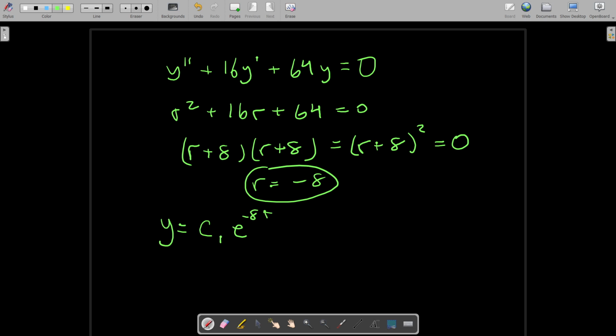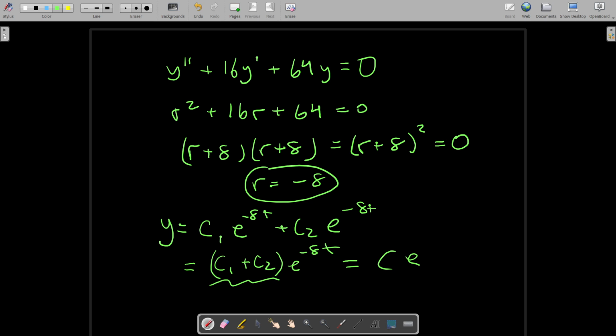We have our first part of the solution, but for the second part, if we try to use the same root, this doesn't make sense, because if these are arbitrary constants and you just factor out the exponential, this is just one arbitrary constant, so we're back to just this. For a second order differential equation, we need two parts to the solution. This is not the complete solution.